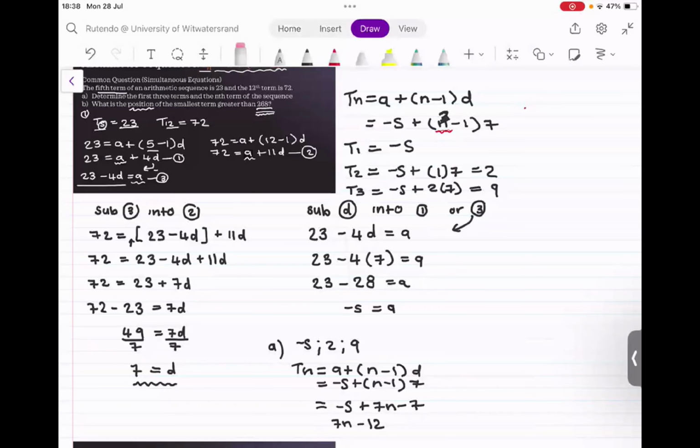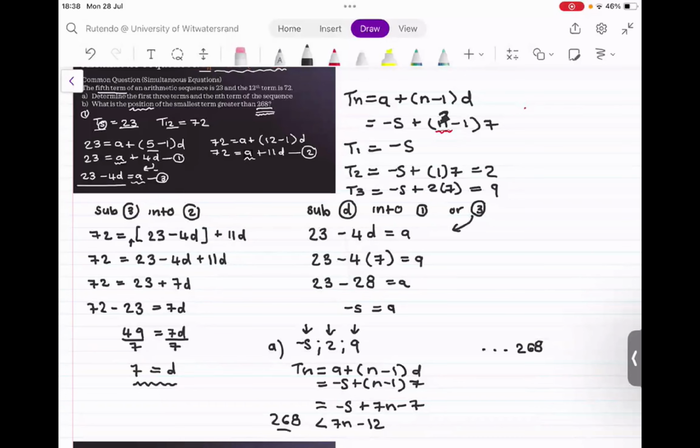Okay, so they're looking for where this is going to be greater than 268. We see that our number pattern goes from -5 to 2 to 9, which means that it's getting bigger and bigger. So eventually it's going to get to 268. We want to know what n is when it reaches 268.